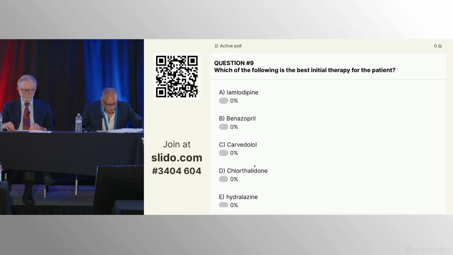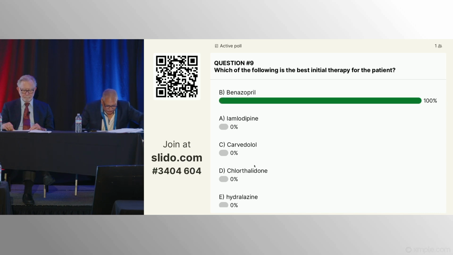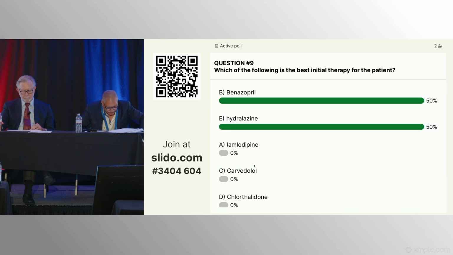A 56-year-old woman comes to your office to follow up her abnormal kidney function and elevated blood pressure. Creatinine was initially found to be elevated on routine lab testing. She has not seen a physician for many years. The patient takes no medication. Blood pressure is 140 over 89 millimeters of mercury and a pulse of 79.